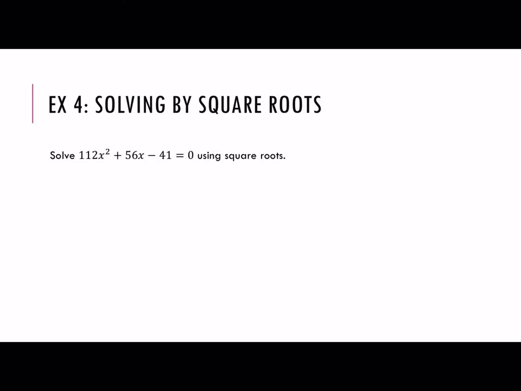Alright, here's one more example, and this one also is not in vertex form. I can see that because there is an x term. So I'm going to start out by finding h and k. So h is b over -2a, which is 56 over -2 times 1/12. And that simplifies to be -1/4.